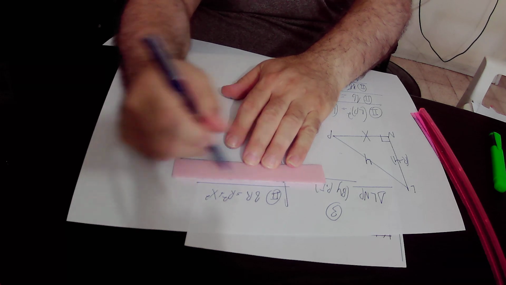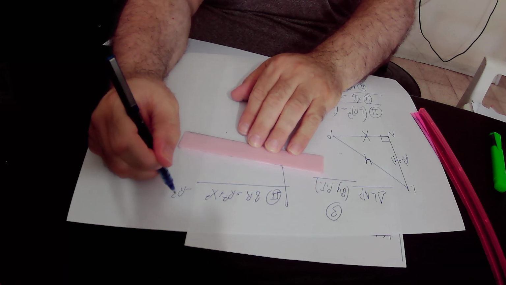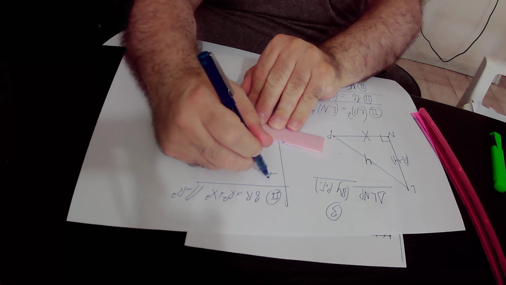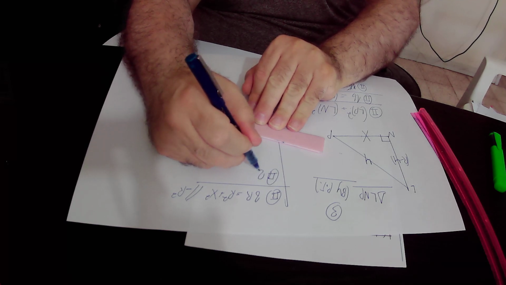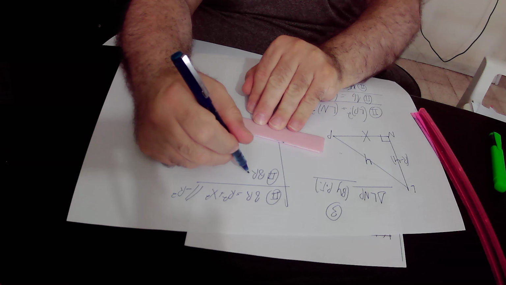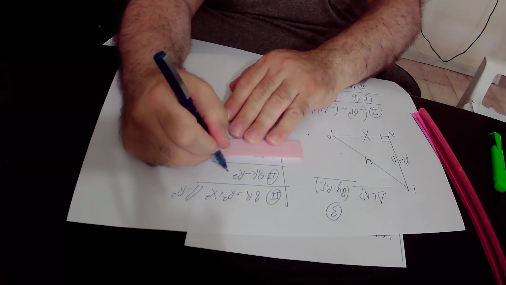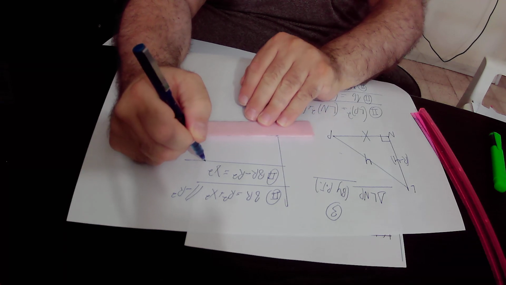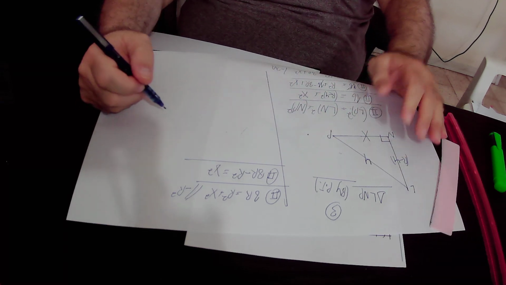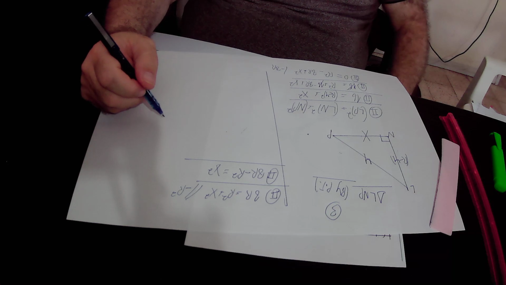So here we subtract r squared from this equation, equation number 2, and we will get that according to equation number 2, 8r minus r squared equals x squared. So we actually have two expressions for x squared.